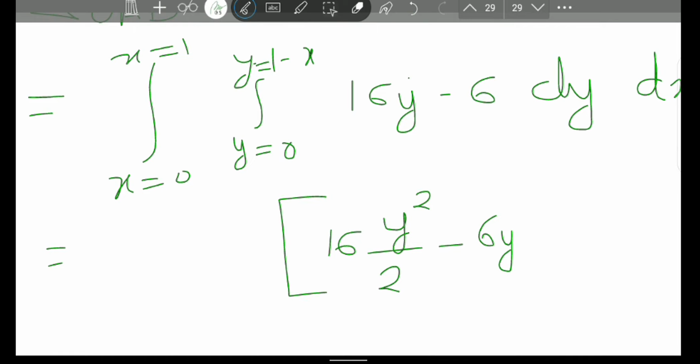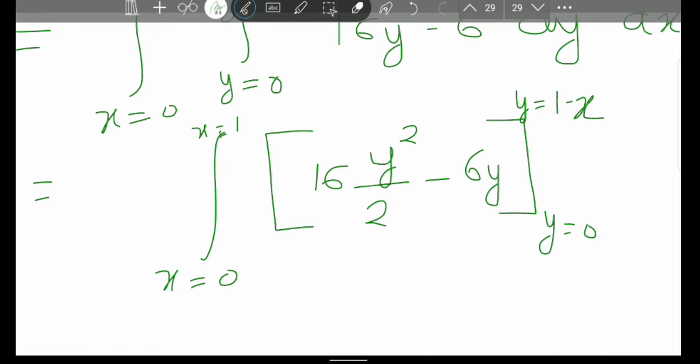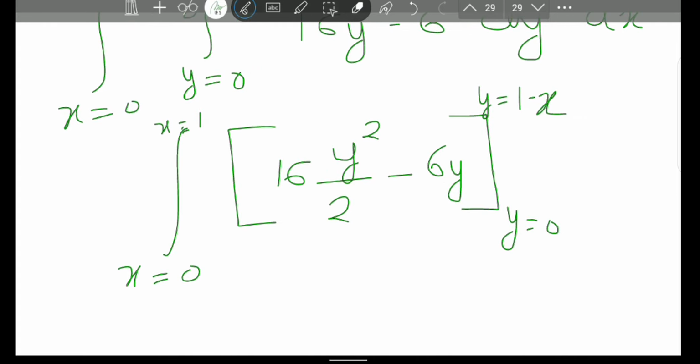And we need to change y from y equal to 0 to y equal to 1 minus x. We need to change it last from x equal to 0 to x equal to 1. Okay, we have already integrated with respect to y, so we just need to write dx.